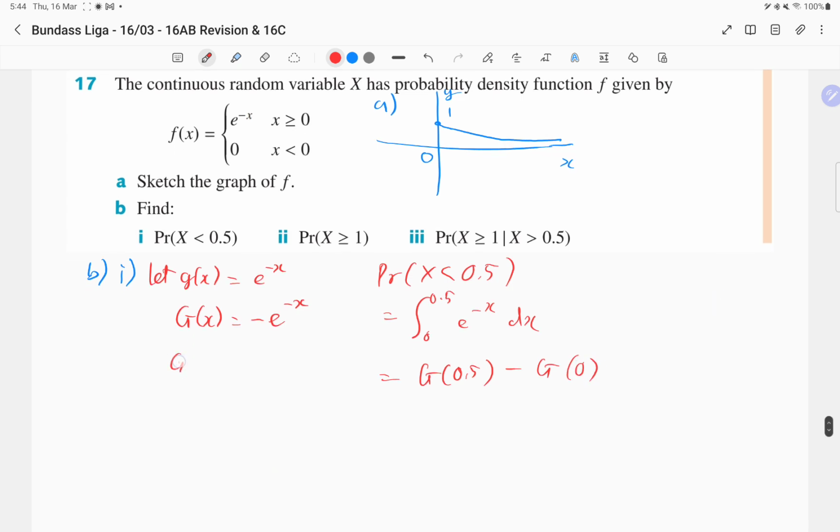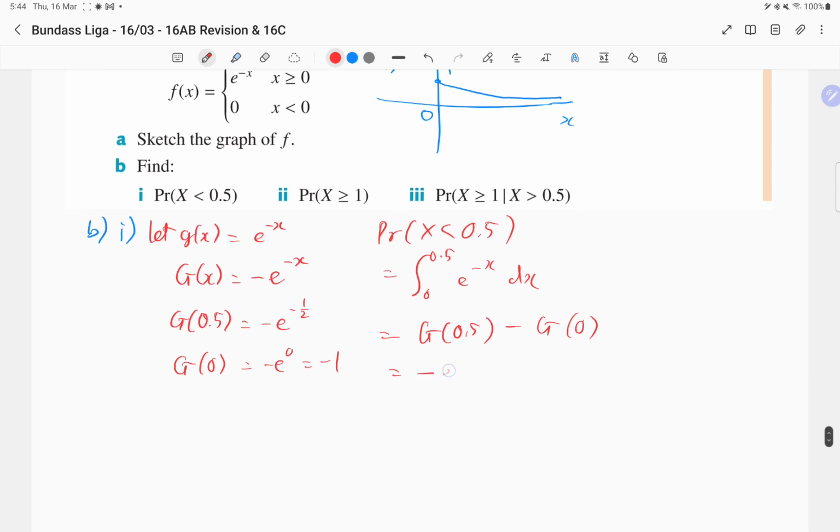Okay, so then I just need to calculate big G of 0.5, and that would be minus e to the power negative half. And then big G of 0 would be minus e to the power 0, which is minus 1. So this one would be minus e to the power minus half, and then minus minus 1, which would be positive 1 minus e to the power minus half. Okay, this is the answer for question B1.